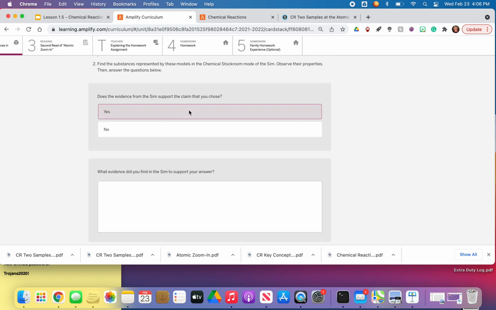And then does the evidence from the sim support the claim that you choose? Yes, it does. And what evidence did we find in the sim to support your answer? I would say carbon monoxide and carbon dioxide do not have the same melting point and boiling point.